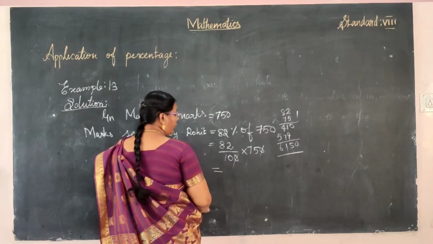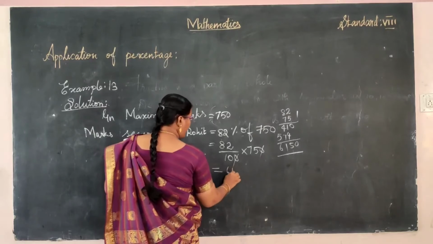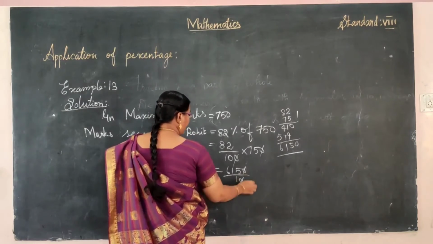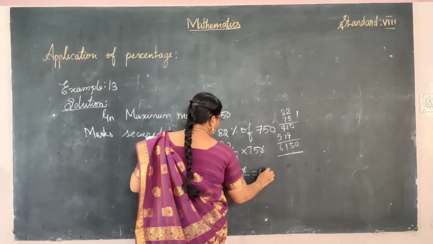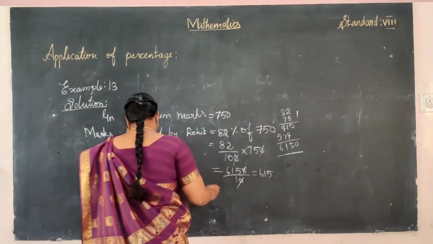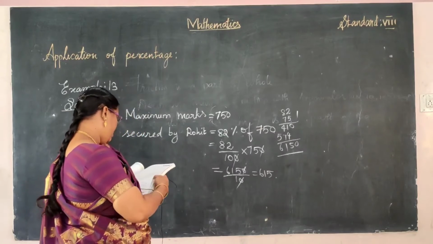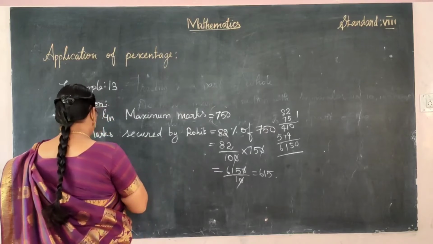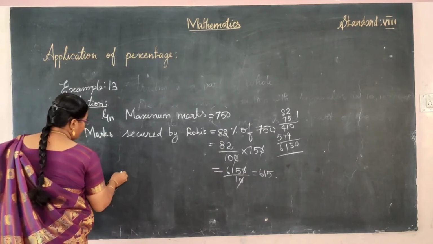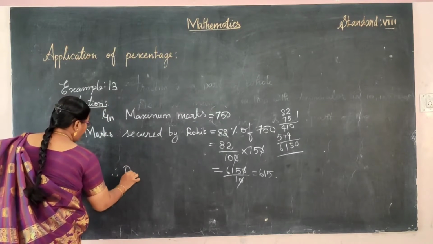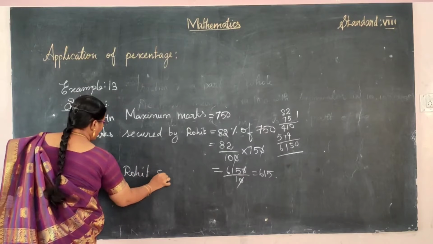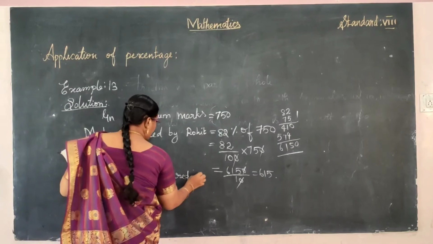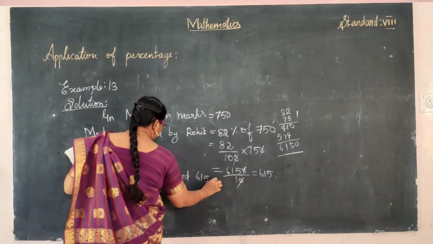So the multiple of 82 and 75 is 6150, divided by 10. So this term will be cancelled, and the answer is 615. So Rohit secured 615 marks.